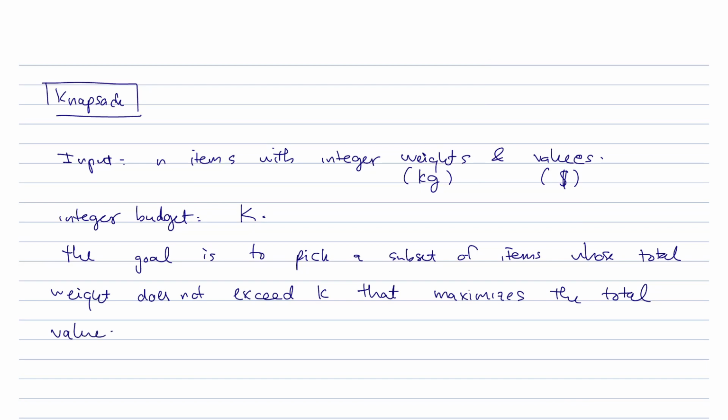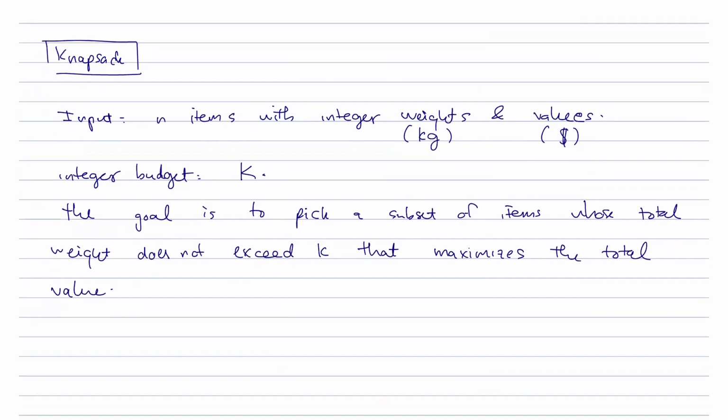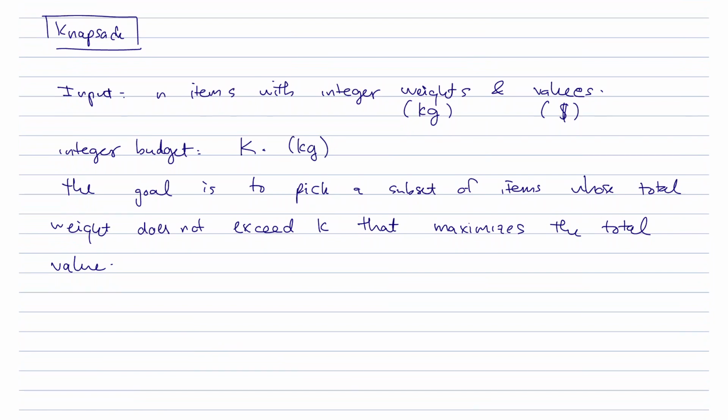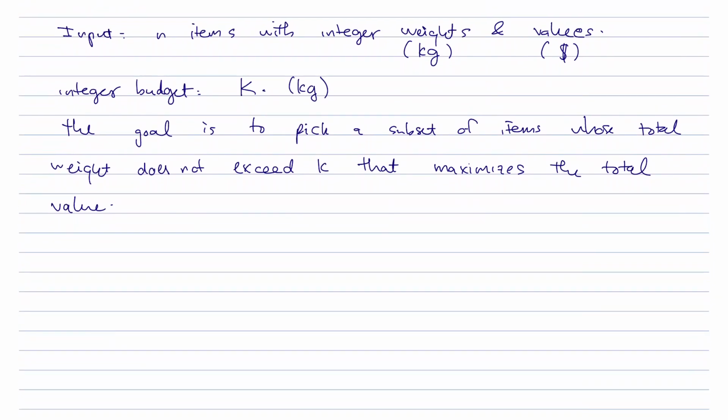So basically, you're trying to pick a subset of these n items to maximize the value that you can get, with the constraint that their total weight does not exceed k kilograms. Okay, so all 3 quantities, the weights, the values, and the budget are integers.